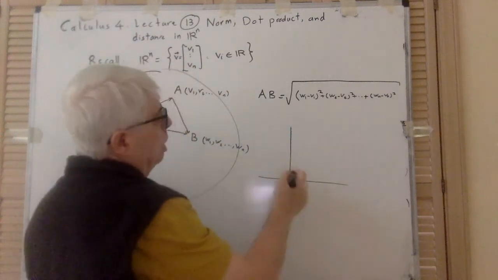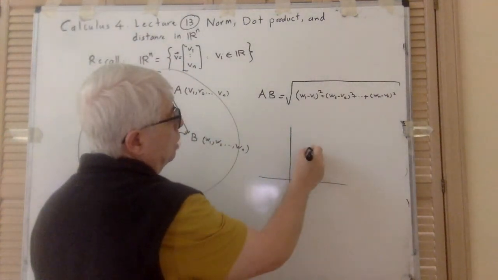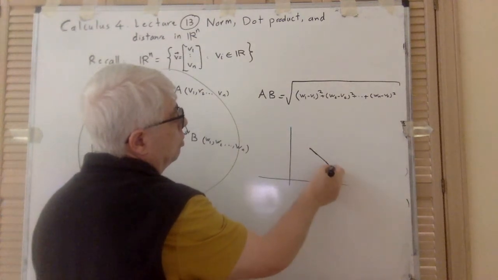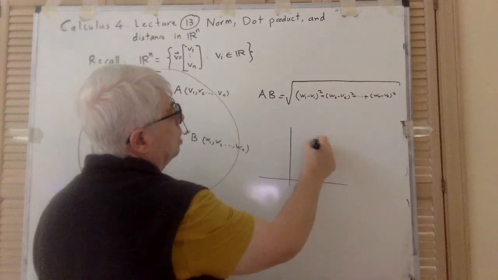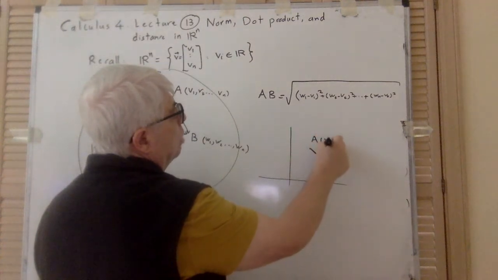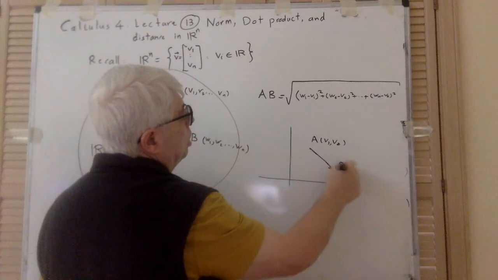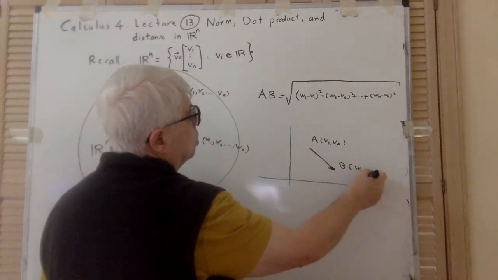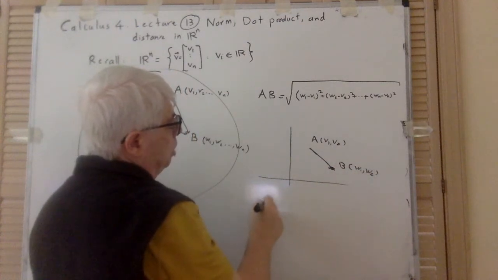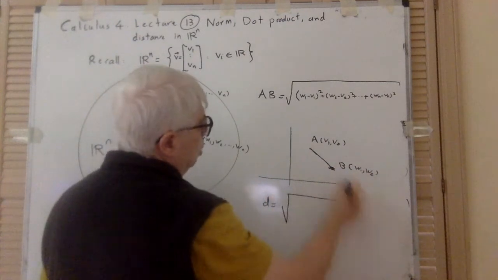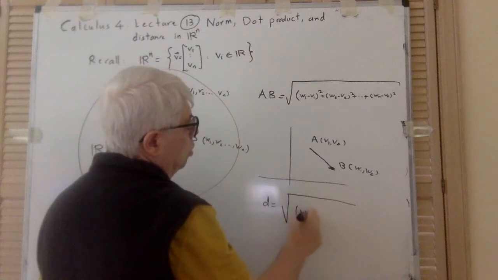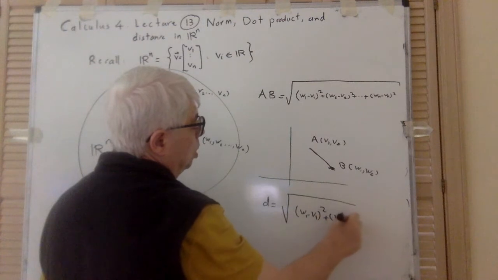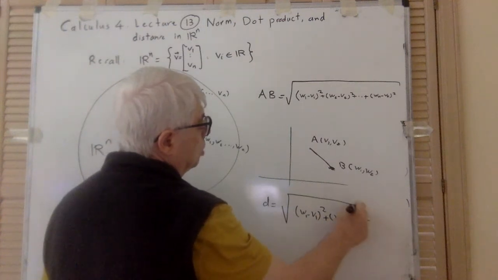You see, well, in R2, right? Remember the distance formula in R2? If I have a point here which has coordinates V1 and V2, this B has coordinates W1 and W2, then the distance between A and B is simply, from, say, college algebra, the square root of W1 minus V1 squared plus W2 minus V2 squared.